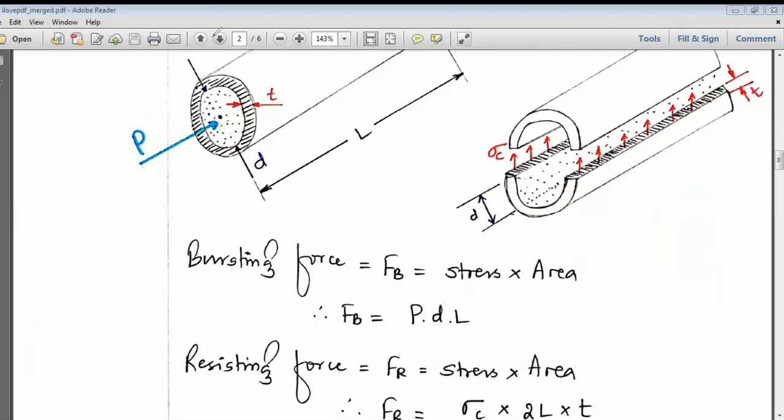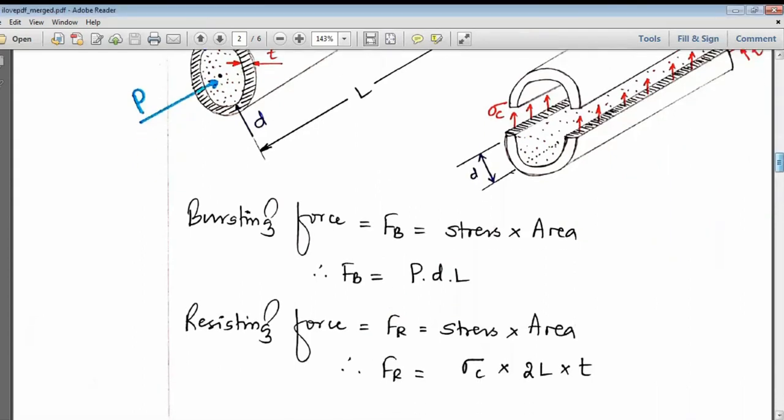Next, you know that for every action there is an equal and opposite reaction. So there will be some resisting force set up in the cylinder. That resisting force is given by, once again, stress into area.